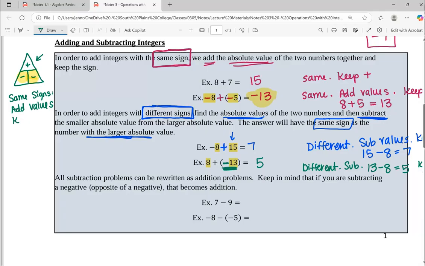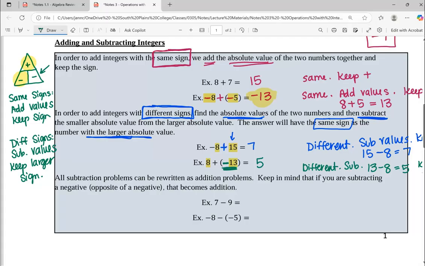And then I have to remember to keep whatever sign I started with. If instead I have different signs, I have a positive with a negative, then this leftover one here reminds us that with different signs, I need to subtract the values. Then we have to remember to keep the larger sign.